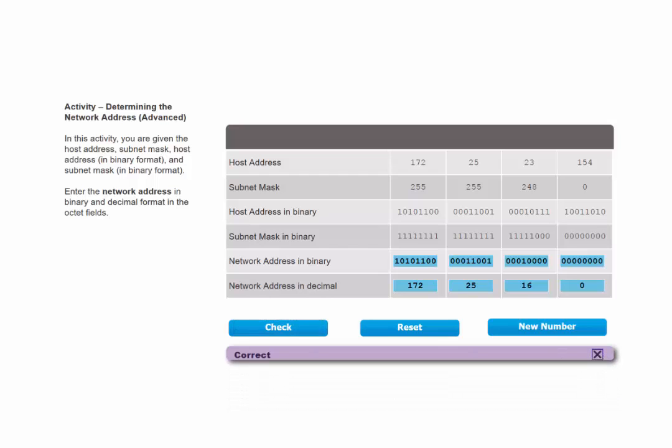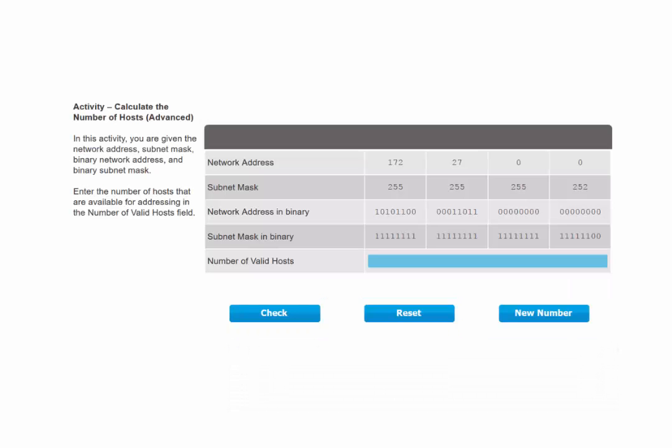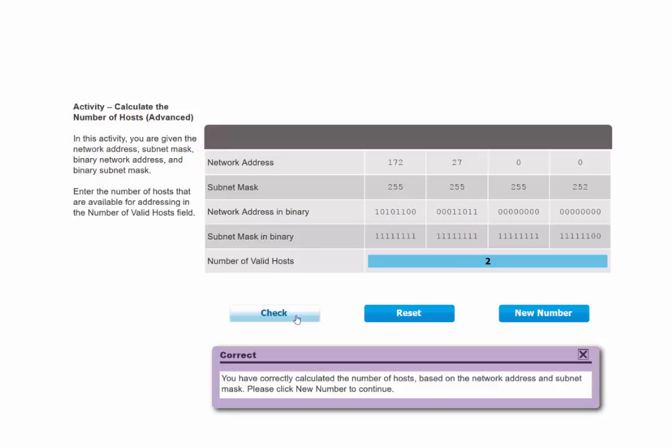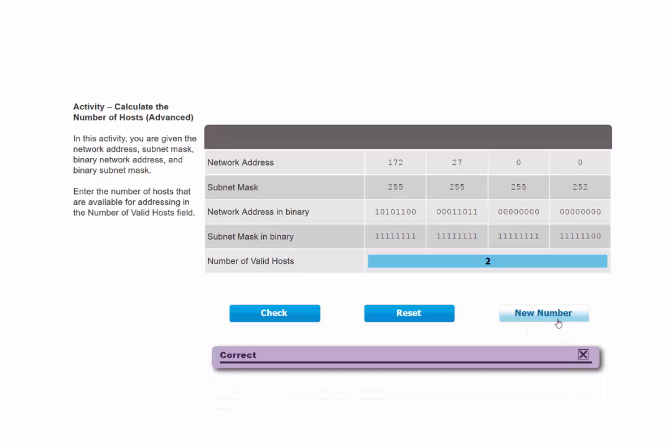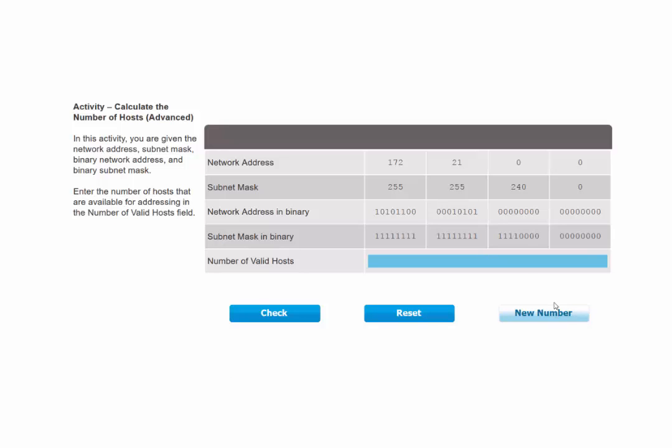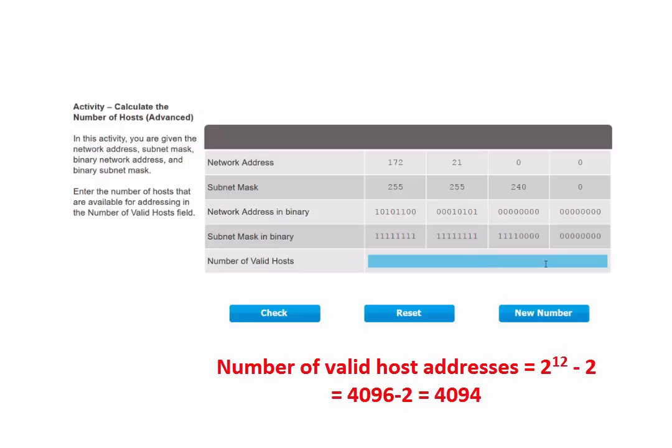Okay. So moving on to the next activity here. We just need the number of valid hosts. So we'll take all the subnet mask, and here we have only 2 bits for host. So this will give us 4 minus 2, which is 2. Okay, so that's an easy example. But let's take another complicated exercise. So here we have 4 bits and then 8. 4 and 8 is 12. So this will give us 2 to the power 12 minus 2.